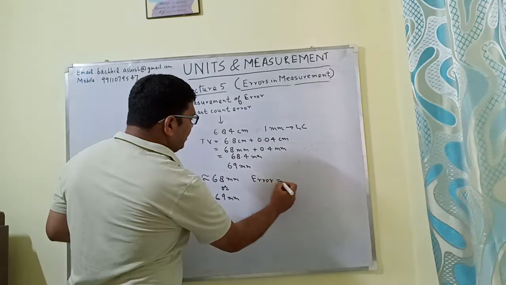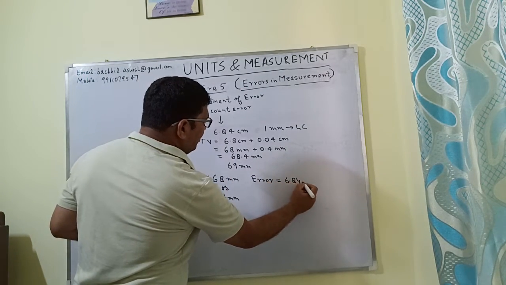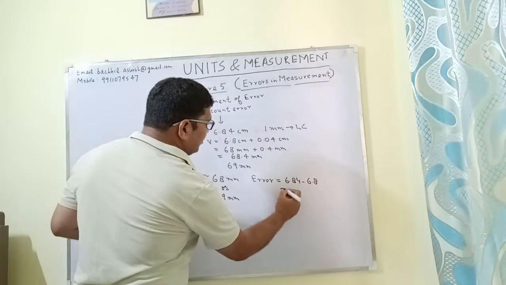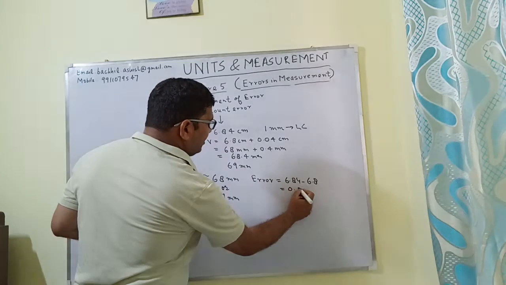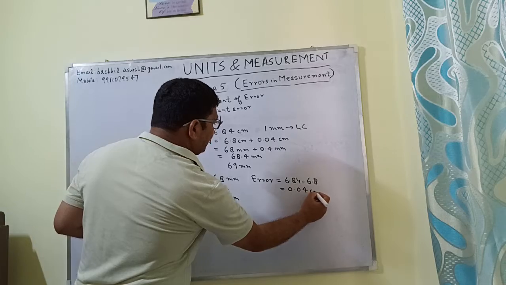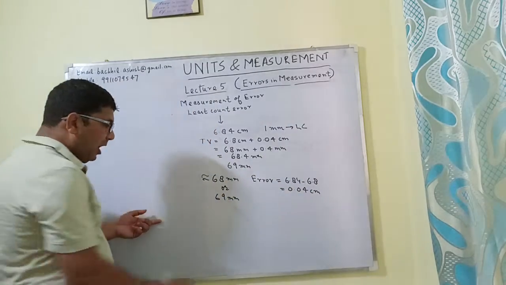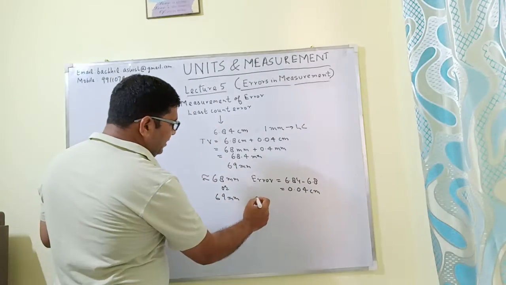So the error will be equal to 6.84 minus 6.8, which is equal to 0.04 centimeter.